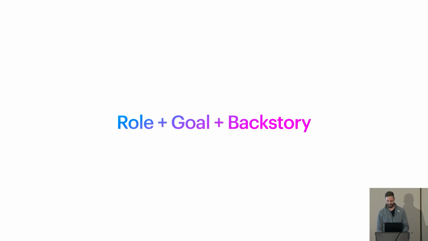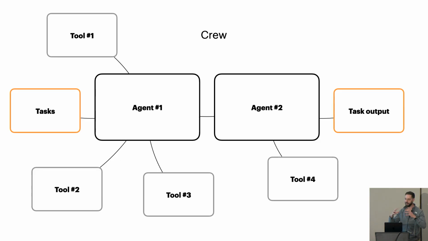Then of course there are various ways in which you can combine multiple agents into what they call crews. Usually you would have one or more tasks which are handled by one or more agents who each have access to various tools. Each of those agents has their specific role, their specific goal, everything, right?